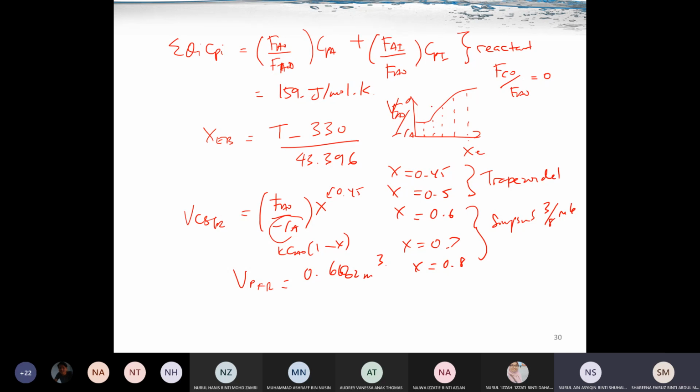So just construct FA0 over negative RA, taking X from the XE, you do this one. My handwriting is terrible, 0.6682.